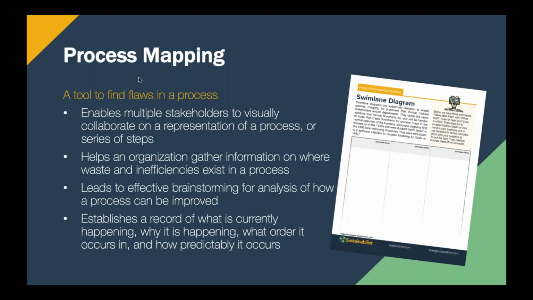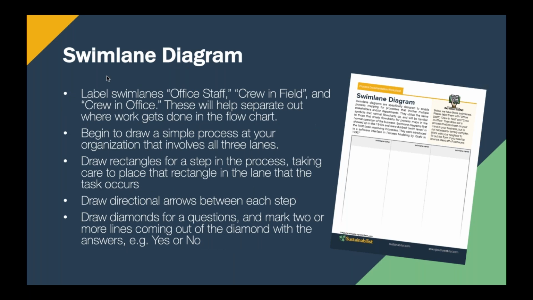As you talk through it, you will find these individual pieces of problems. If you have the diagram in front of you, or you may just want to pull out a piece of paper and sketch it if you don't have a printer, label the office staff, the crew in the field, and the crew in office, to help separate where work gets done in the flow chart, and begin to draw a simple process in your organization that involves all 3 lanes. So just maybe a basic install.